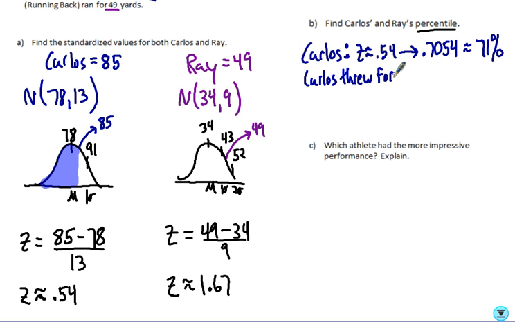So what that means is that Carlos, actually I want to change that a little bit.